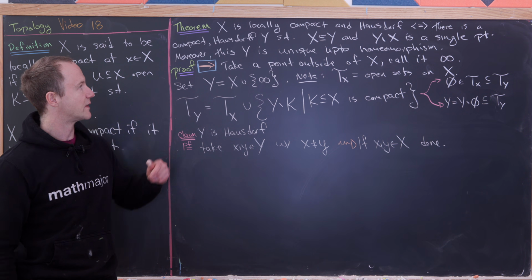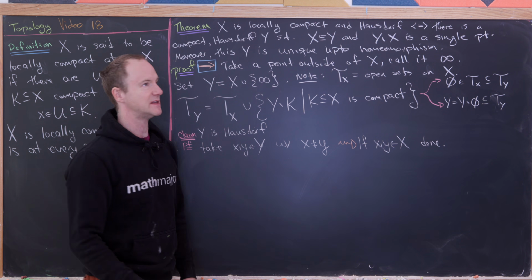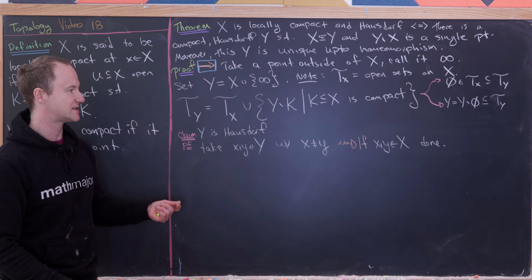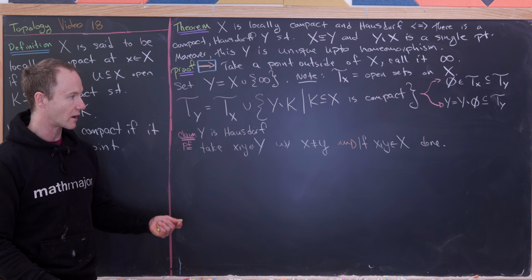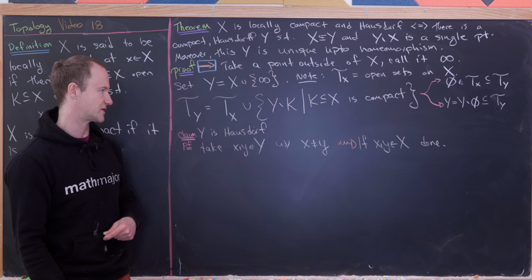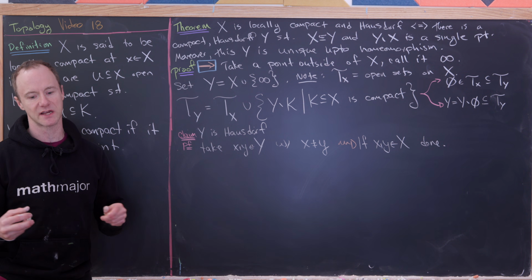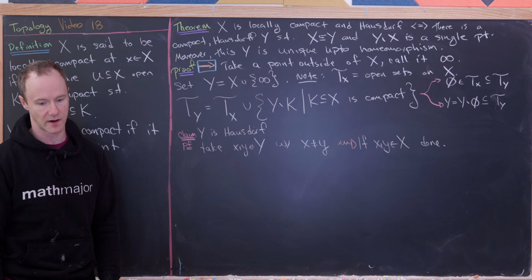And well, why are we done? Well, that's because X is Hausdorff. So that means we can find two open sets inside of X where x is in one of them, little y is in the other one, and they do not intersect. But open sets in X are open in Y by the way that we constructed Y, so we're okay there.